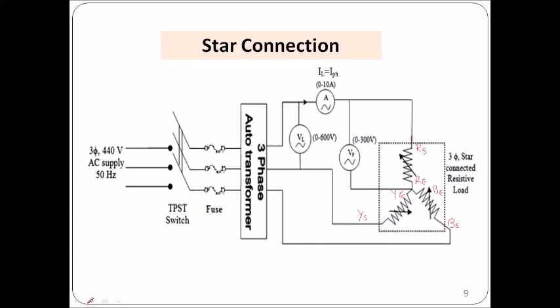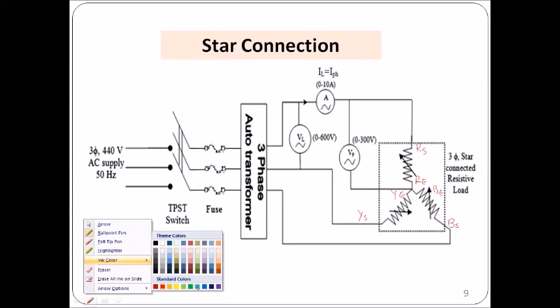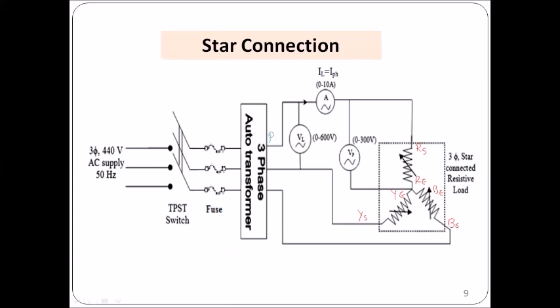What the circuit says is that a three-phase supply is applied, R phase, Y phase, B phase. Power is applied from R phase to the ammeter, then from the ammeter to the RS terminal at the load. Similarly, from Y to the YS terminal at the load, and the B terminal of the auto transformer is connected to the BS terminal of the load. This is the connection for the star type of load.